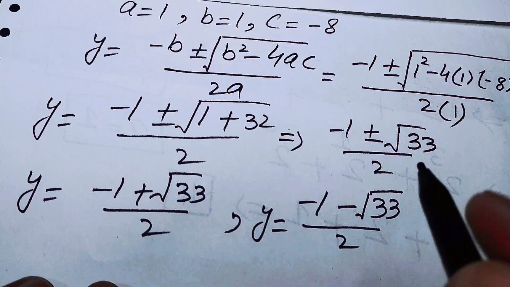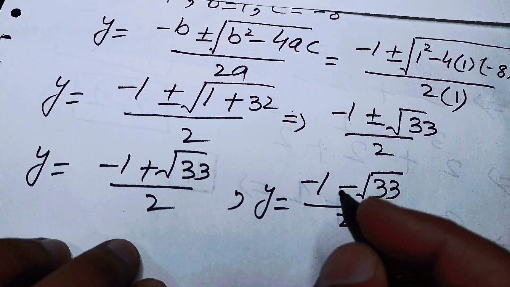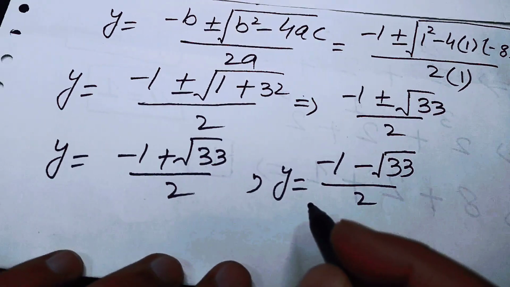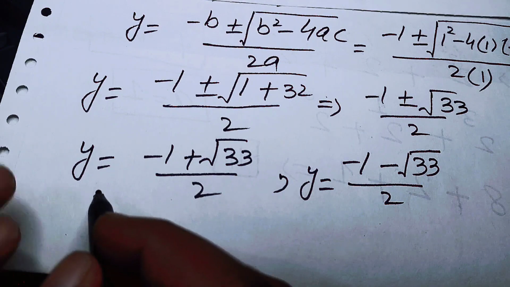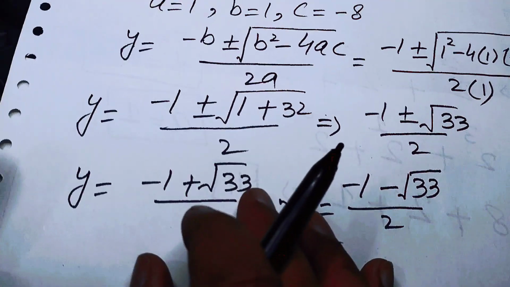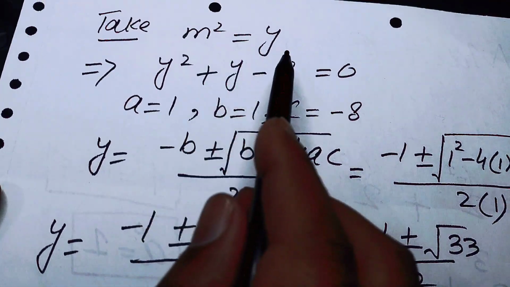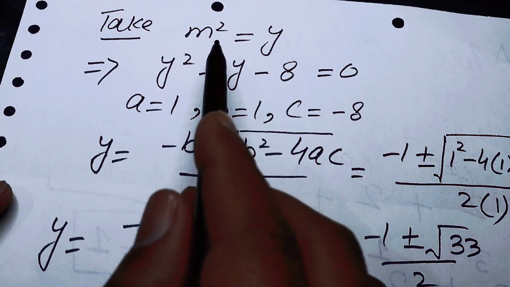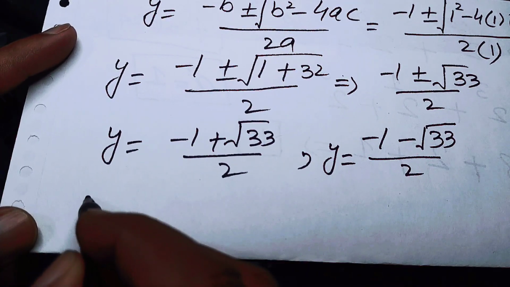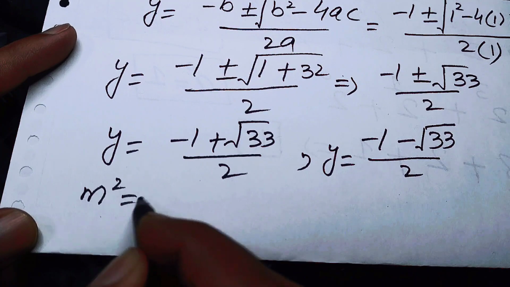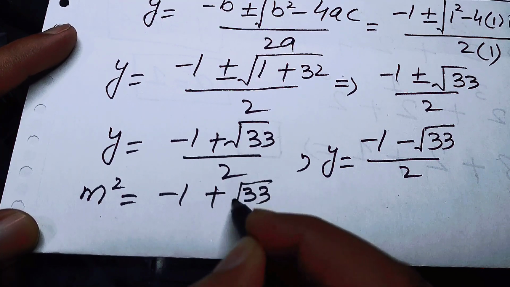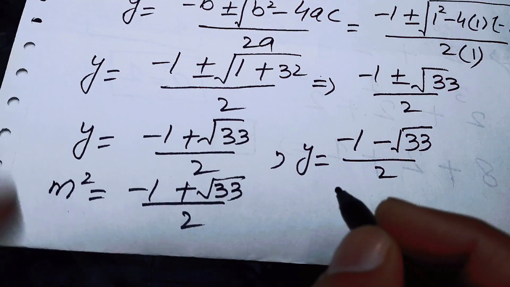Because we substituted y equal to m square above, when we back substitute the value of y, it becomes m square is equal to (minus 1 plus square root of 33) over 2.